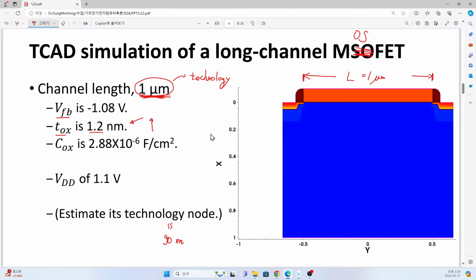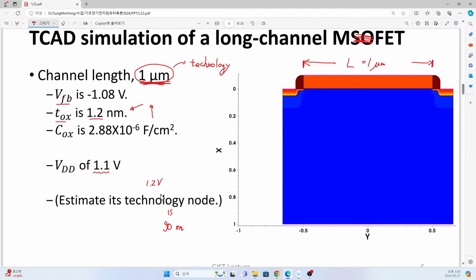And VDD in this simulation was given as 1.1 volt, and typically for 90 nanometer technology, the VDD was 1.2 volt, but I don't think that makes much difference in our calculation. So anyway, we will consider this a typical example of a 90 nanometer technology.